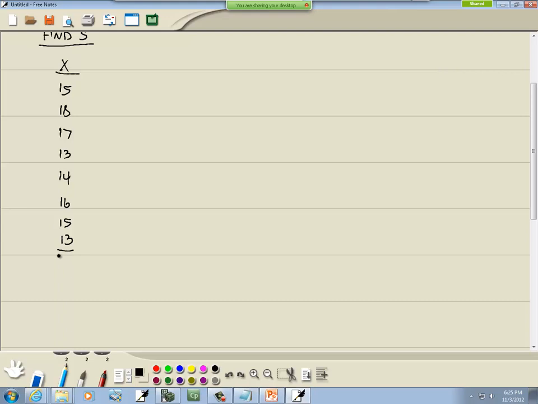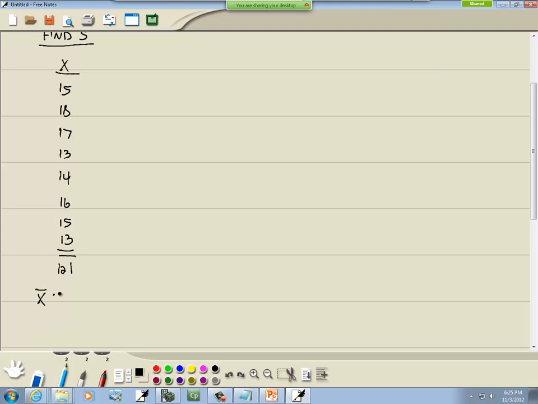Well, I'm going to add those together. As soon as I found my calculator, there it is. 15 plus 18 plus 17 plus 13 plus 14 plus 16 plus 15 plus 13 gives us 121.